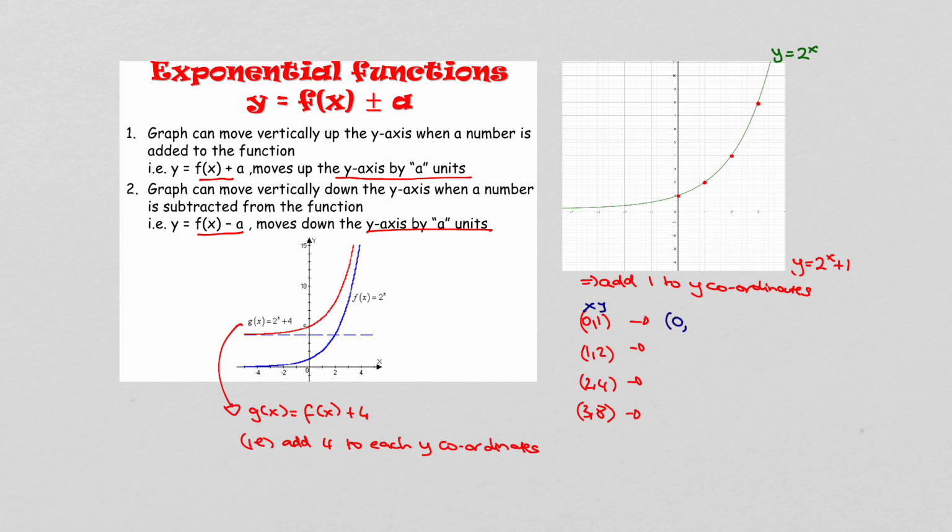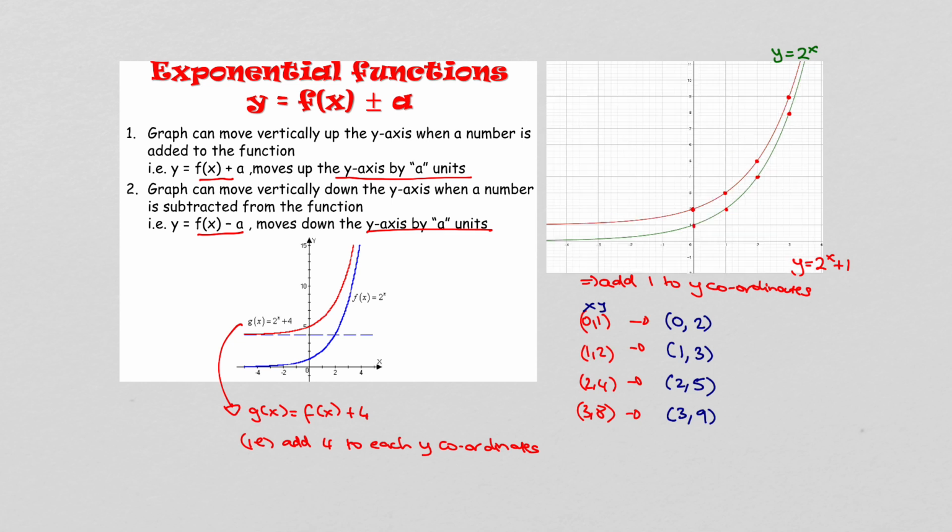So 1 plus 1 would be 2, then 2 plus 1 is 3, 4 plus 1 is 5, and 8 plus 1 is 9. I can then plot my new coordinates on my graph and sketch the shape. And we can see the whole graph has just moved up the y-axis by 1.